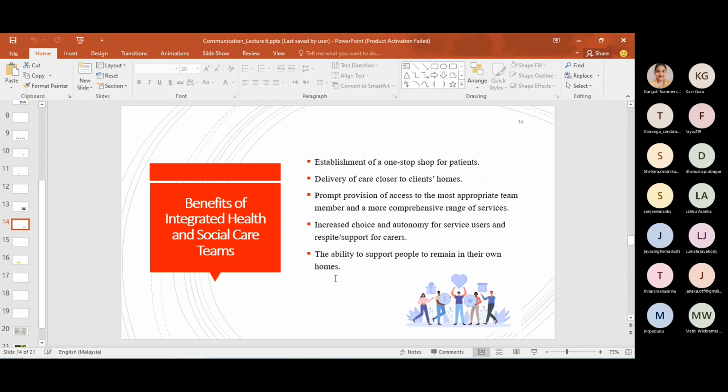And delivery of care closer to clients' homes. Likewise, if you take the referral systems once again, organization A receives a certain client for a certain need.